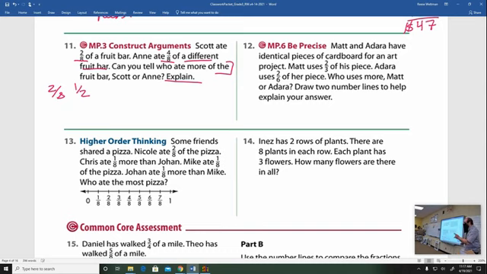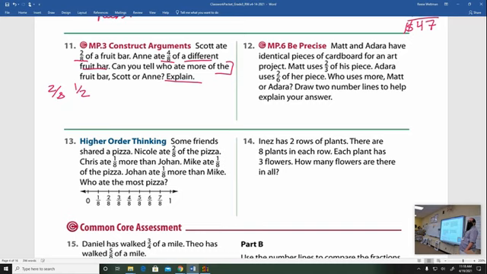We need more though. Can I say my whole sentence? Say it. Anne ate more of the candy bar because. It's a fruit bar, but that's alright. It's okay, it doesn't matter. Because 4/8 is more than 2/8.